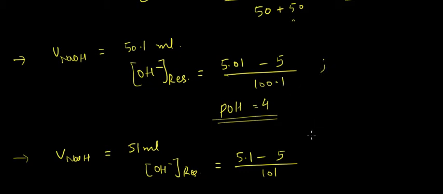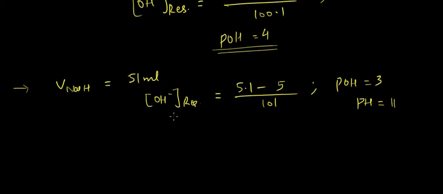Okay, so this would be 101 here, and pOH in this case would come out to be 3, and similarly pH would be 11. Okay, this is roughly 3 and 11.